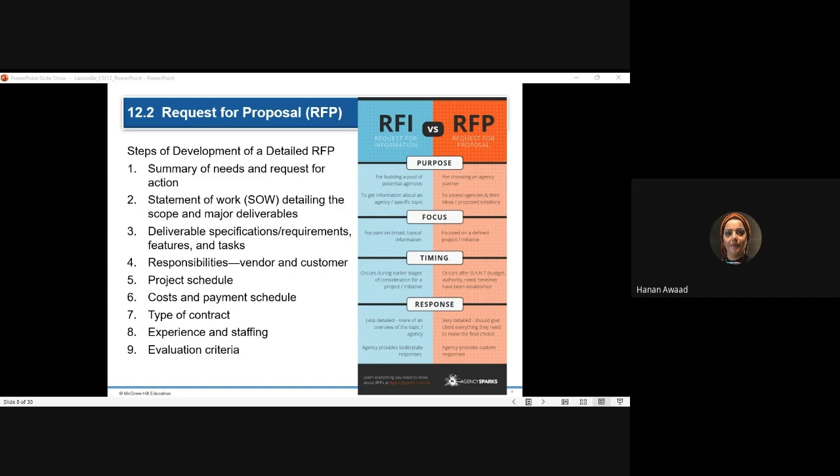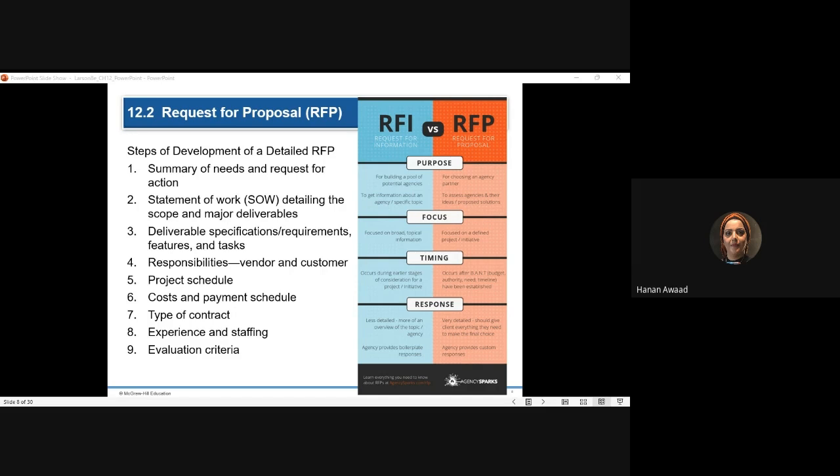I also might ask for how we will divide the responsibilities, who will do what, the project schedule, of course, the costs, payment schedule, also the type of contract. And we will talk about types of contracts because each type of contract has its own risks.